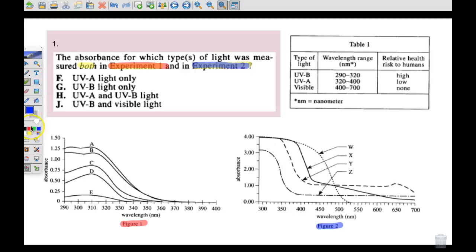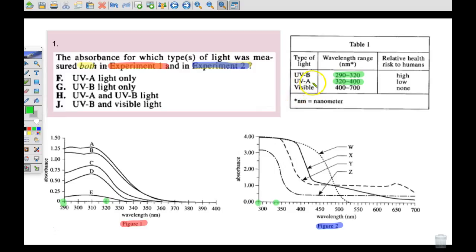in both experiments. So if I look at my table, it looks like UVB light has a wavelength range of 290 to 320, and UVA has a wavelength of 320 to 400. So I see that UVB light from 290 to 320 are in both experiments.